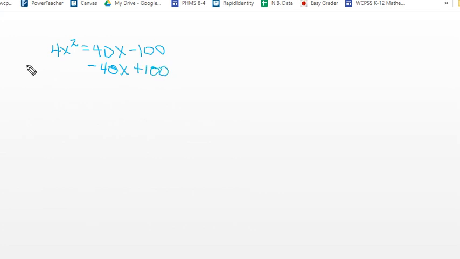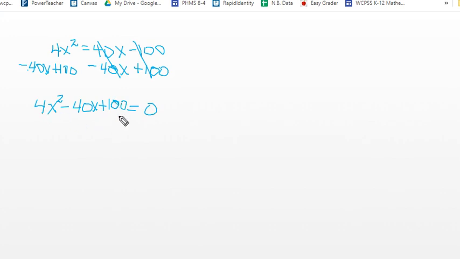And on this side, I'm going to do the same thing, minus 40x and plus 100. And so that will make this side equal to 0, and this side will be 4x squared minus 40x plus 100.